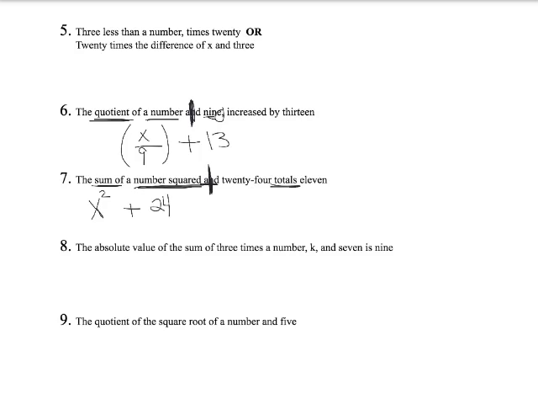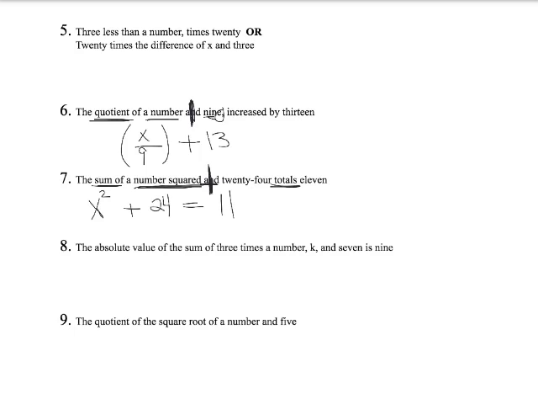Now, totals 11. That's another way of saying that it equals 11, right? If it totals 11, it equals 11. So this is another example of an equation. The sum of a number squared and 24 totals 11.